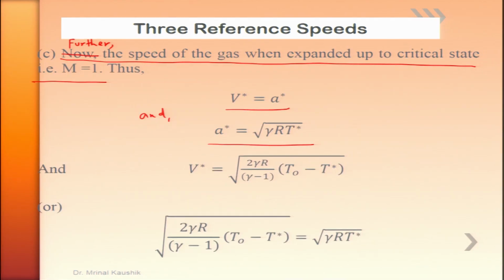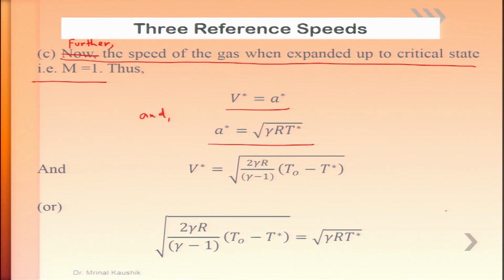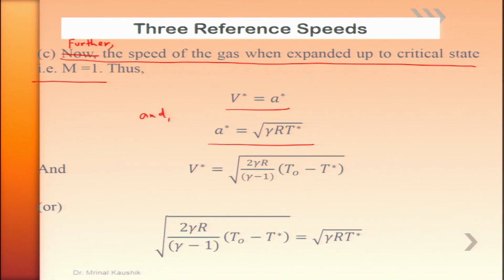Now, for the third one, let us say the flow is expanded, that is the gas or fluid flow is expanded up to the critical state. Critical state means the state when the Mach number becomes 1. Mach number 1 means V is equal to A, and let us denote this state with an asterisk. In turn, the speed of sound becomes A star is equal to the square root of gamma R T star.